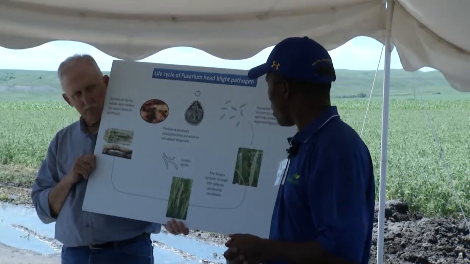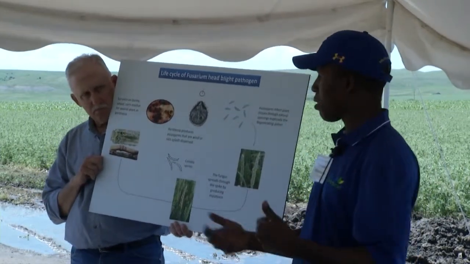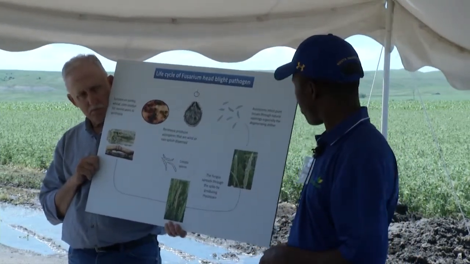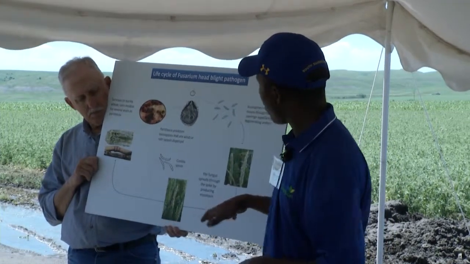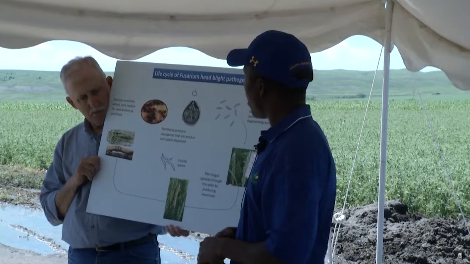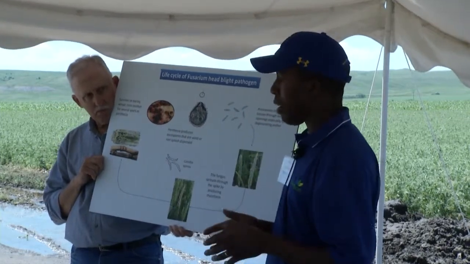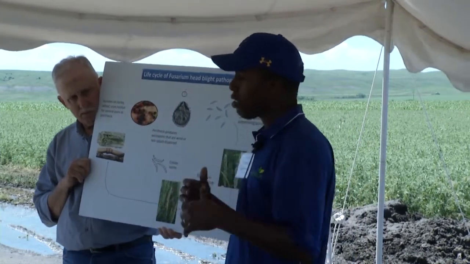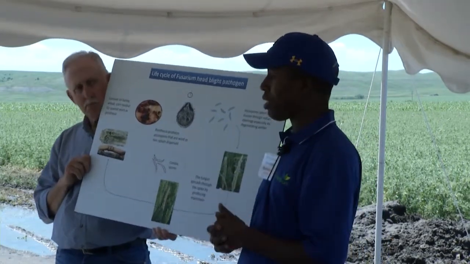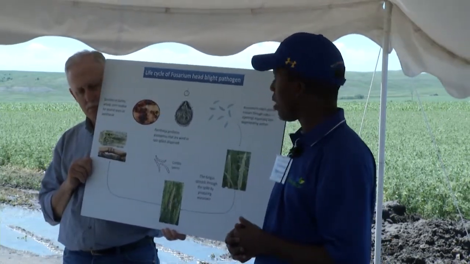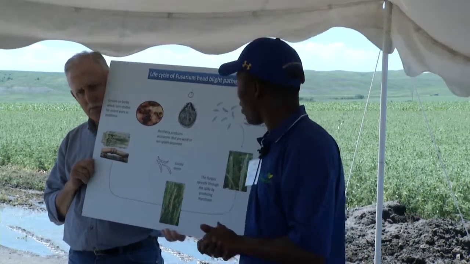They may reduce feed intake as well as causing vomiting. So the pathogen that causes this disease is called Fusarium graminearum. Now there are many species that cause scab, but the main one that has been detected frequently is Fusarium graminearum.